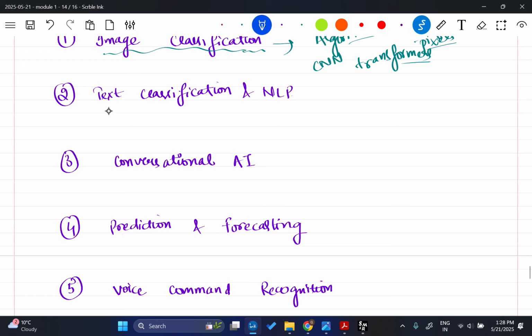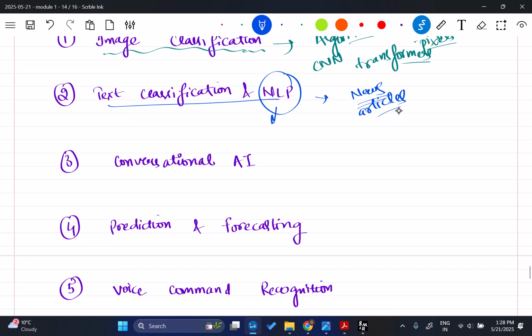And next application is text classification and NLP. NLP stands for natural language processing. Natural language processing means the natural human languages which we use. If we want to process them by using the ML models, then that specific field of study is known as NLP, natural language processing. So let's suppose you want to classify some kind of news articles into different categories.